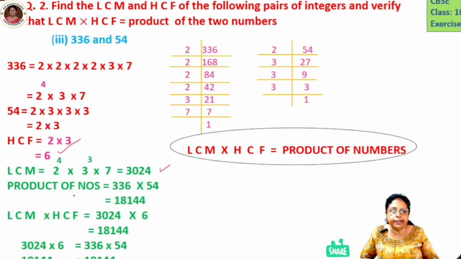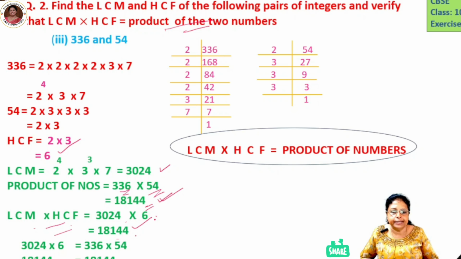Next we have to find the product of the two numbers, that is 336 times 54. If you find the product, you will get 18144. The next thing, LCM times HCF: that is 3024 times 6. If you find the product, you will get 18144.